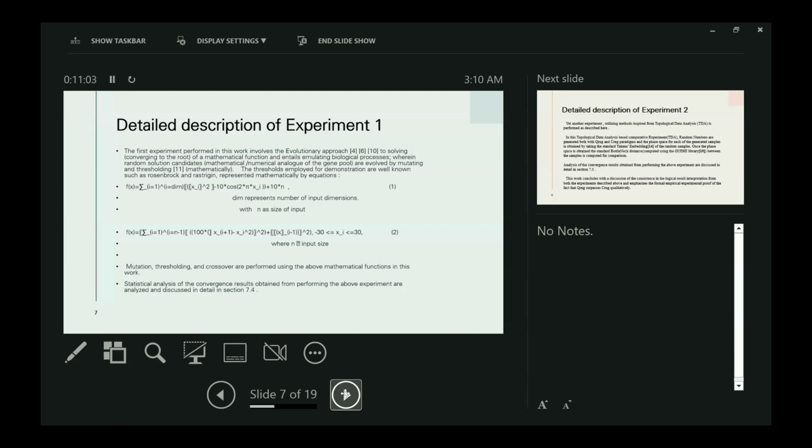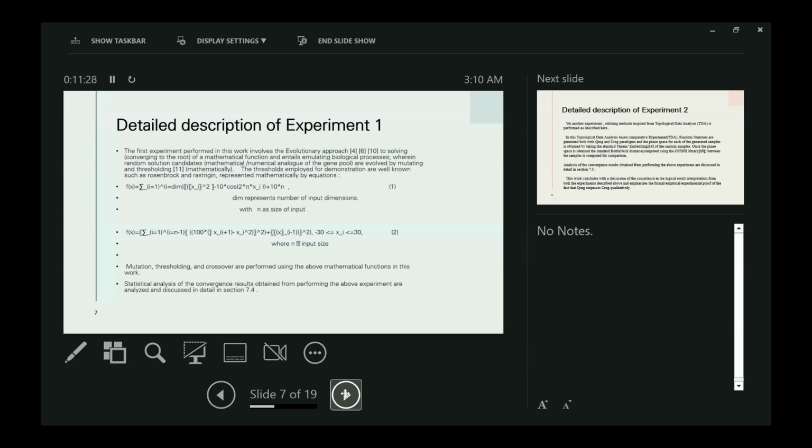What was fed into the program that implements these functions was random candidate solutions, which is the mathematical or numerical analog of the gene pool in biological processes. These solution candidates are evolved by mutating and thresholding mathematically.